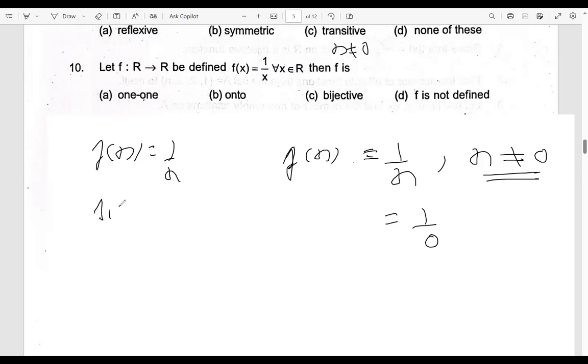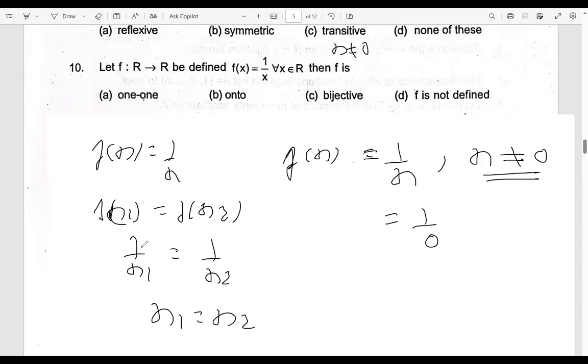So f(x1) = f(x2), so 1/x1 = 1/x2, so it would have been x1 = x2. So that's one-one. Similarly, it is onto, because if I take f(x) as y, then 1/x = y implies x = 1/y, which is again defined for y not equal to 0.